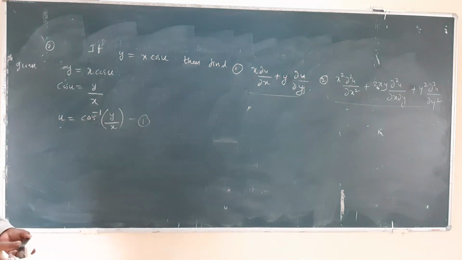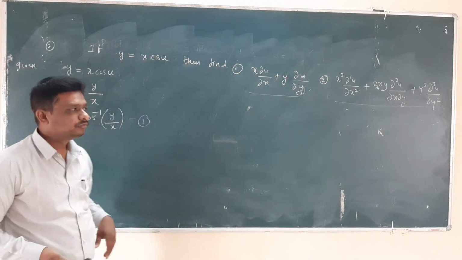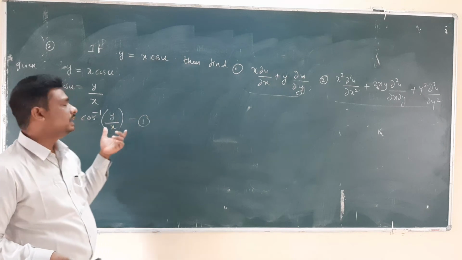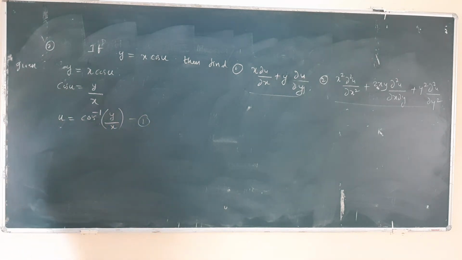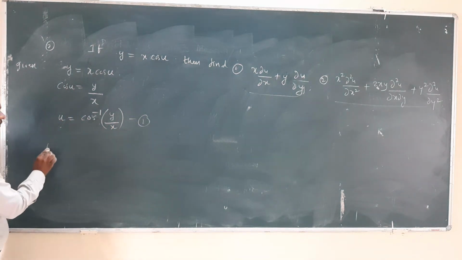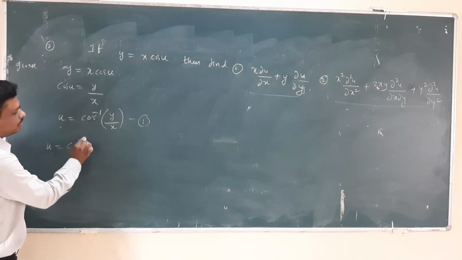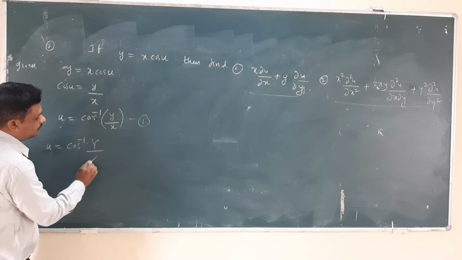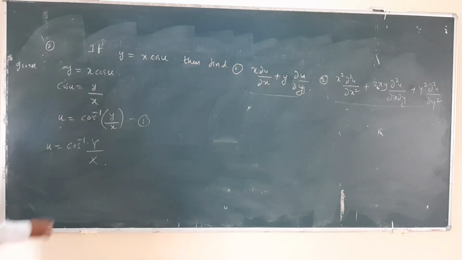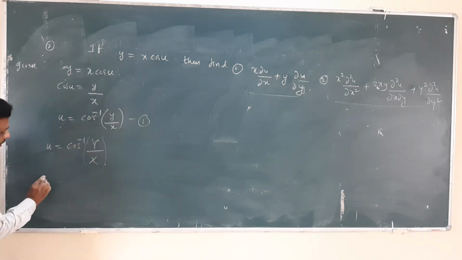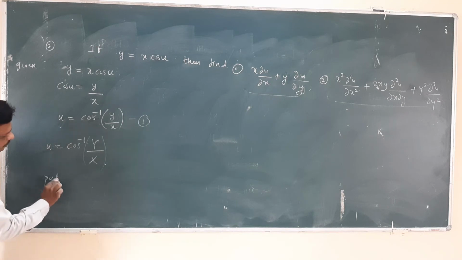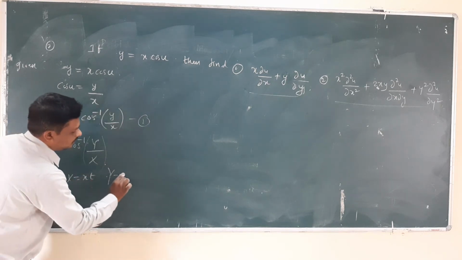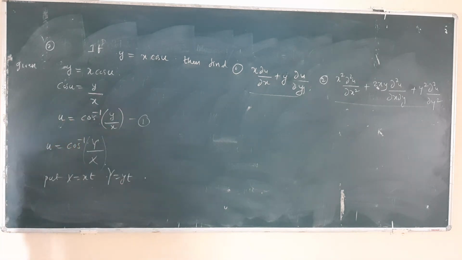To apply Euler's theorem, first we have to verify whether the given function u is homogeneous or not. So u is cos inverse of y upon x, in terms of capital X and capital Y. Here put x is equal to xt and y is equal to yt.